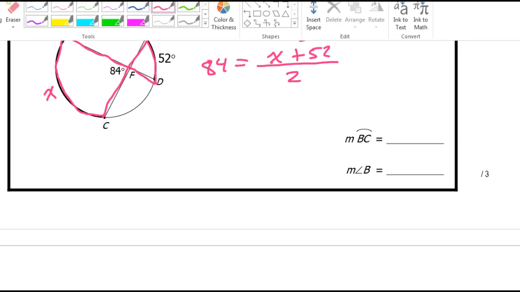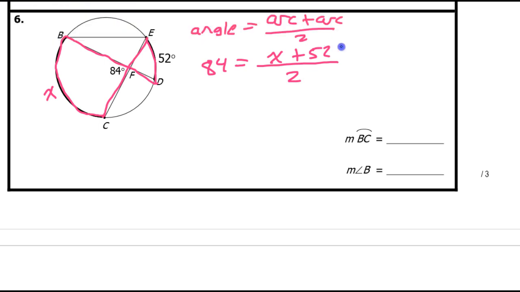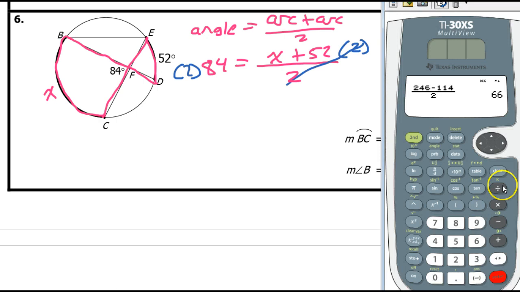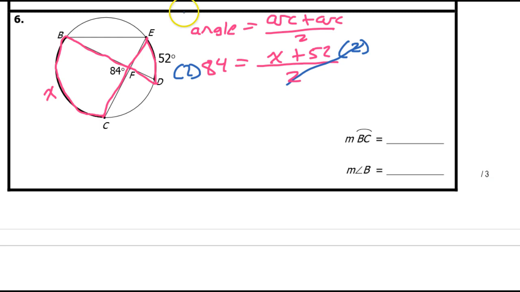To solve this, you want to multiply both sides by the denominator of 2. That way these denominators will cancel each other out. So that's 168. So now we have 168 is equal to X plus 52.